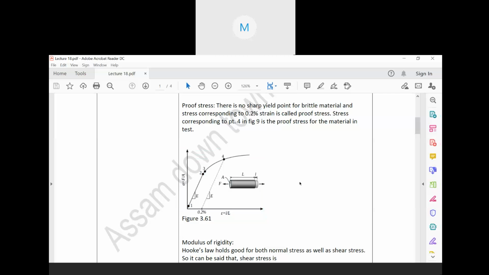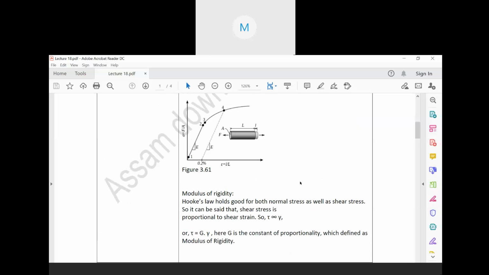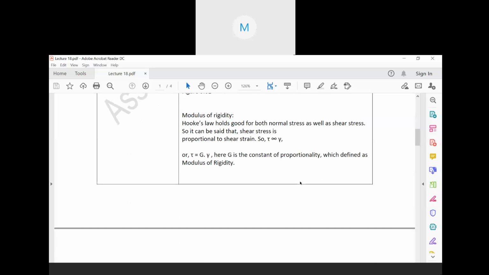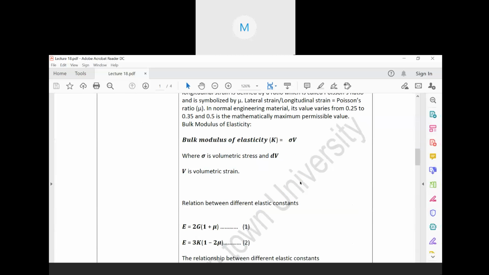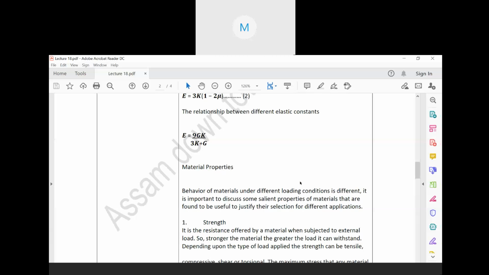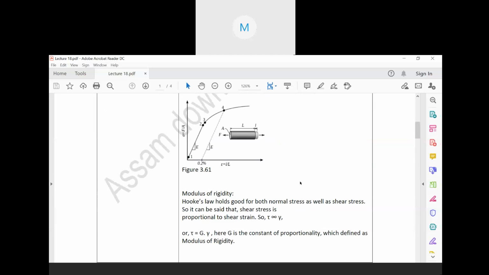Now after that we'll go for the different moduli. First of all, we'll go for modulus of rigidity.